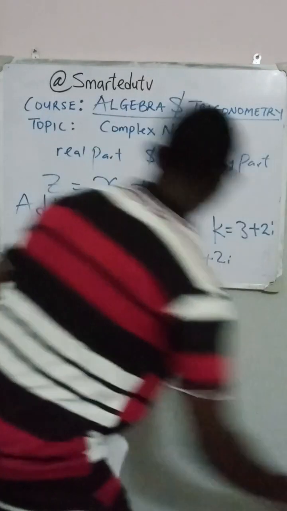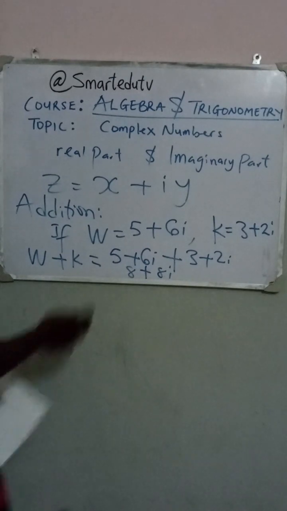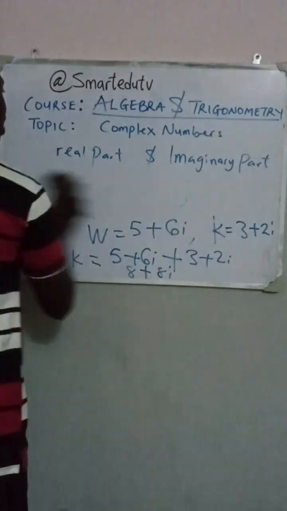Example 2. In terms of subtraction, how do we subtract complex numbers?